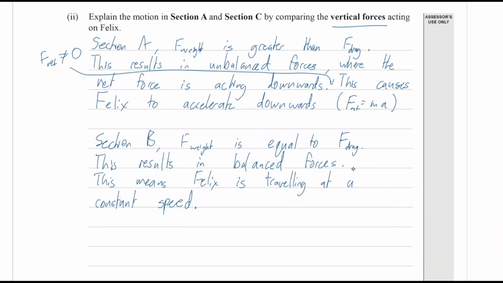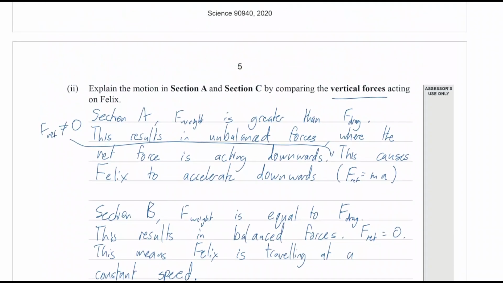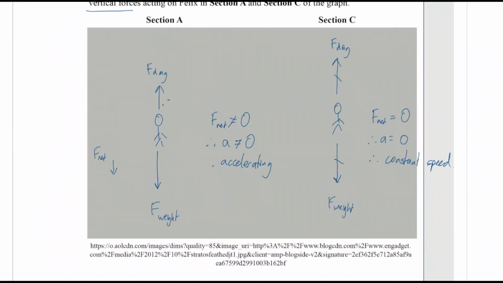Whereas in section B, since the forces are equal, the net force was 0, meaning he's traveling at a constant speed, or stationary, but we could just say that there's no change in speed or it's a constant speed. And then Felix will keep falling and then open his parachute and then land safely.